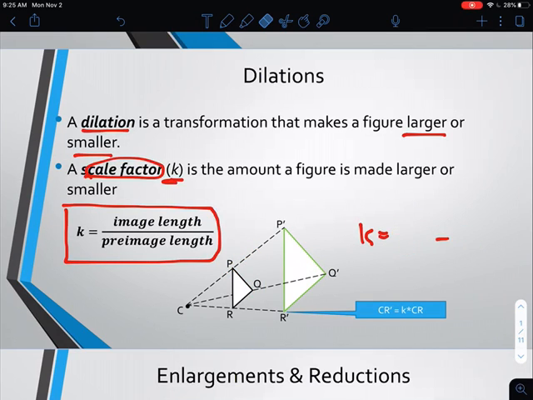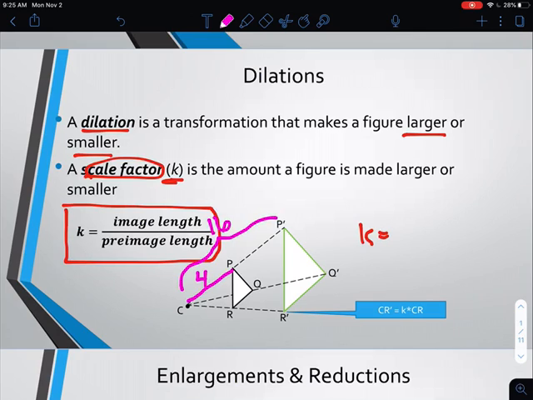They can give us all kinds of different information involving lengths. They could also give us something in the problem like the distance from C to P is 4 units, and the distance from C all the way out to P prime is 16 units. So I've got the distance from C to P, and the distance from C to P prime.